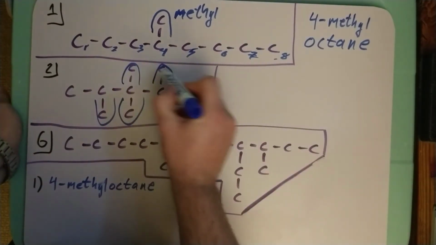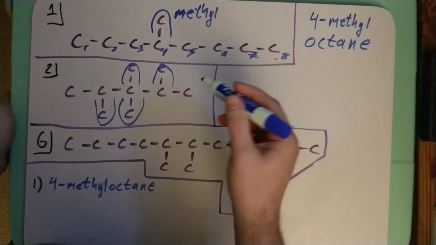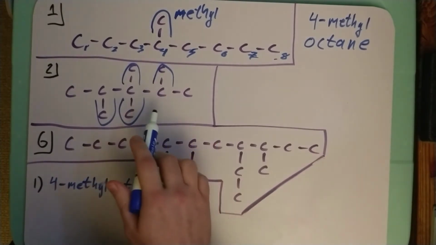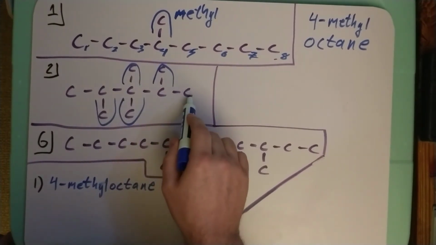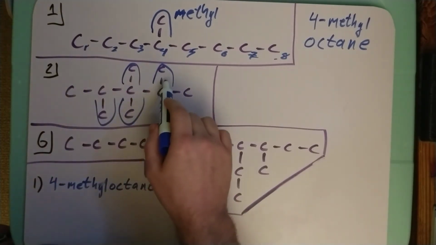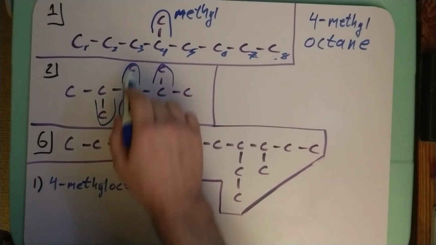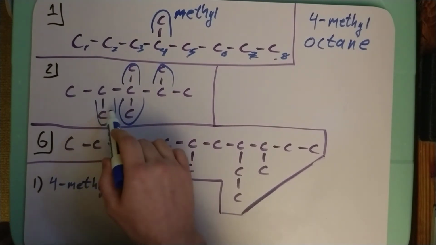Now we can tell that all 4 of these are going to be methyls. But there's an interesting thing we see here, where this is actually a symmetrical compound. If we number from this end, then we'll have 1, 2, 3, 4, 5. We'll have one branch on carbon 2, 2 branches on carbon 3, and 1 branch on carbon 4.